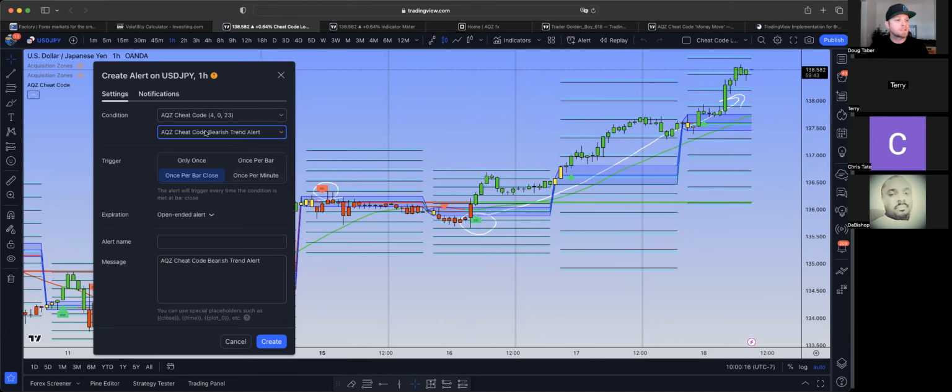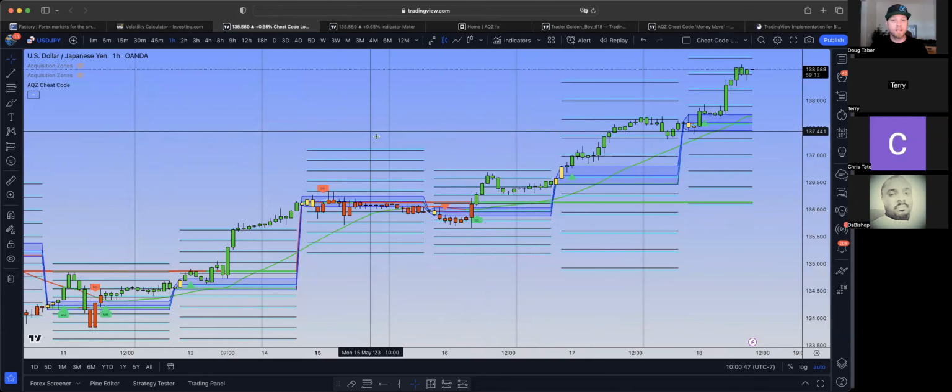So I suggest bearish and bullish trend alerts are placed on maybe your favorite pairs, one or two at the max, a few pairs, because again, you're going to get an alert every hour on the hour, whether it's a bearish or a bullish trend based on those elements of the indicator.